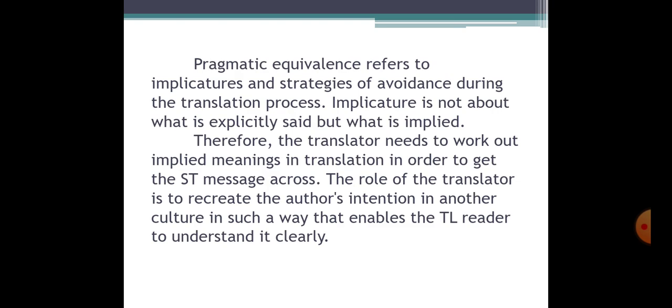Therefore, the translator needs to work out implied meanings in translation in order to get the source text message across. The role of the translator is to recreate the author's intention in another culture in such a way that enables the target language reader to understand it clearly.